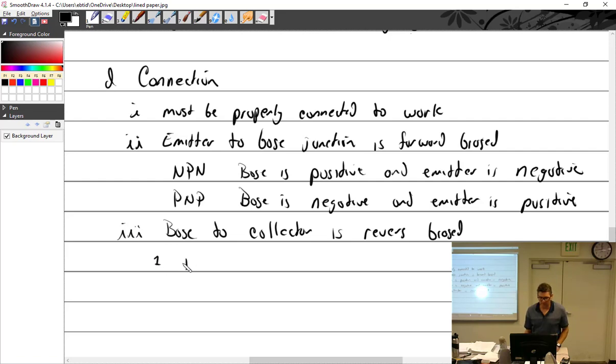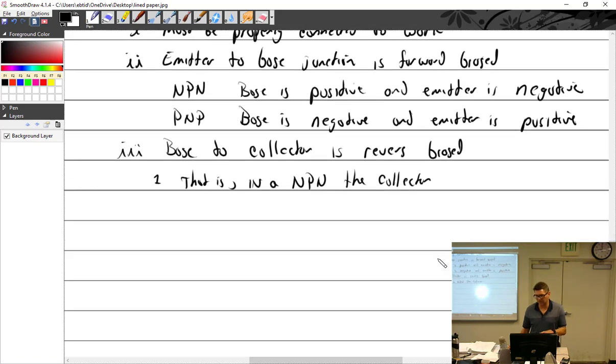In an NPN, what does the base have to be? Positive. So in an NPN, the collector is more positive than the base. Remember, it has to be reverse biased.